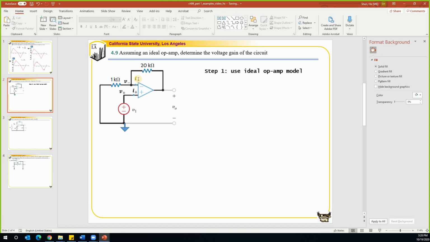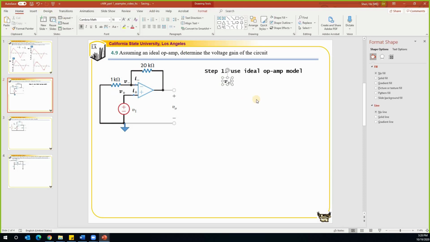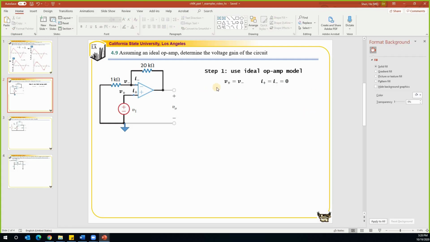So I define my nodal voltages, and also the currents going into the op-amp. If I use the ideal op-amp model, V plus is equal to V minus. At the same time, the current I plus is equal to I minus is equal to 0. These are the two conclusions we have for the ideal op-amp model.